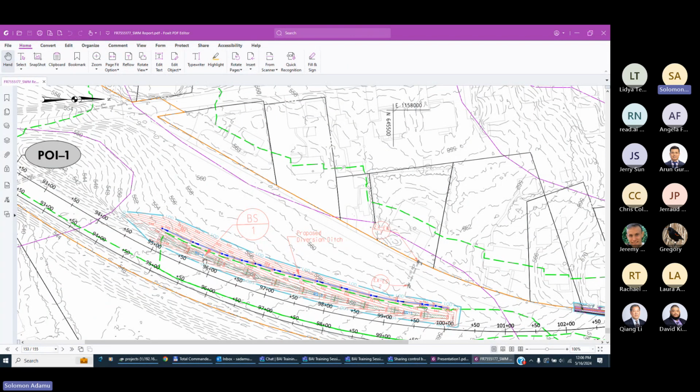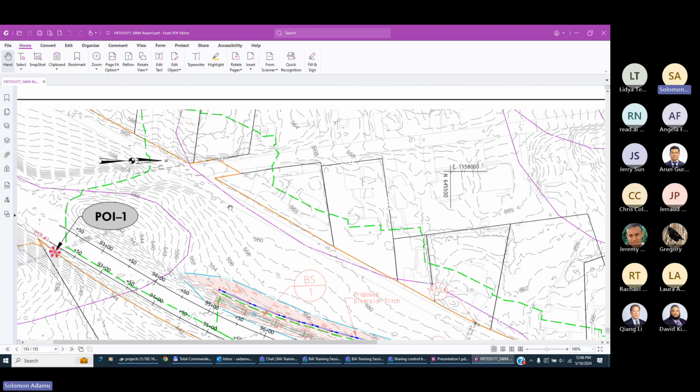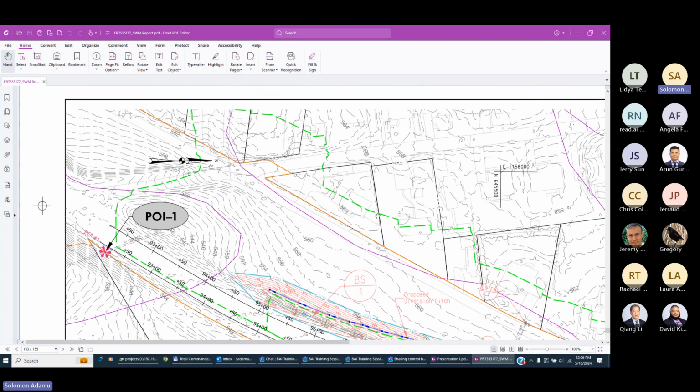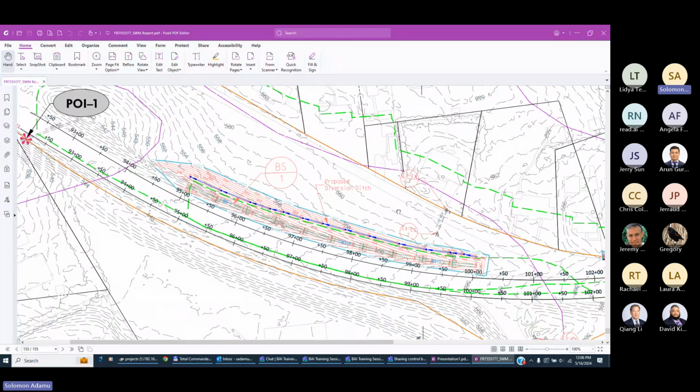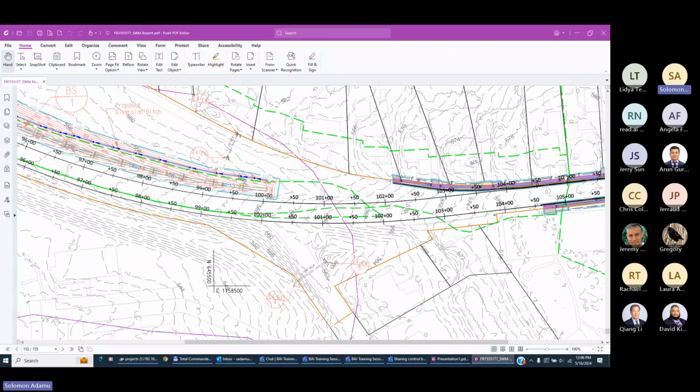For this LOD, the drainage area, what you see in green here, is enclosing it. So each LOD needs to be covered by a drainage area.